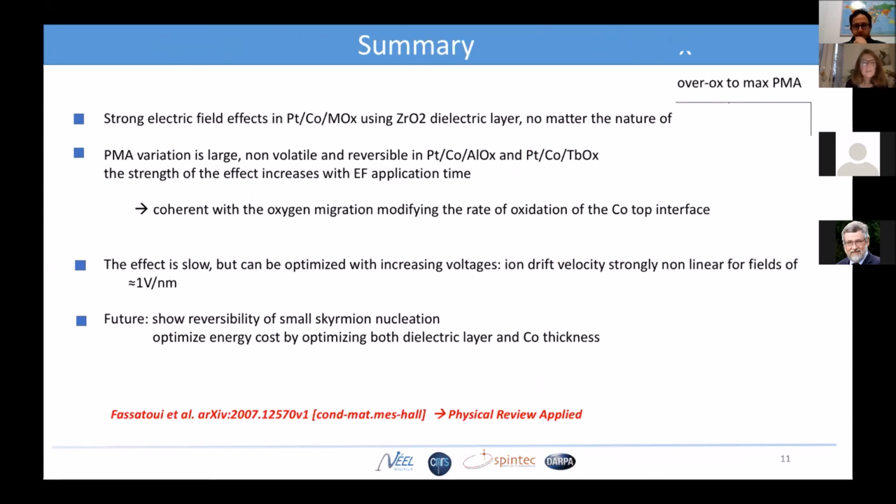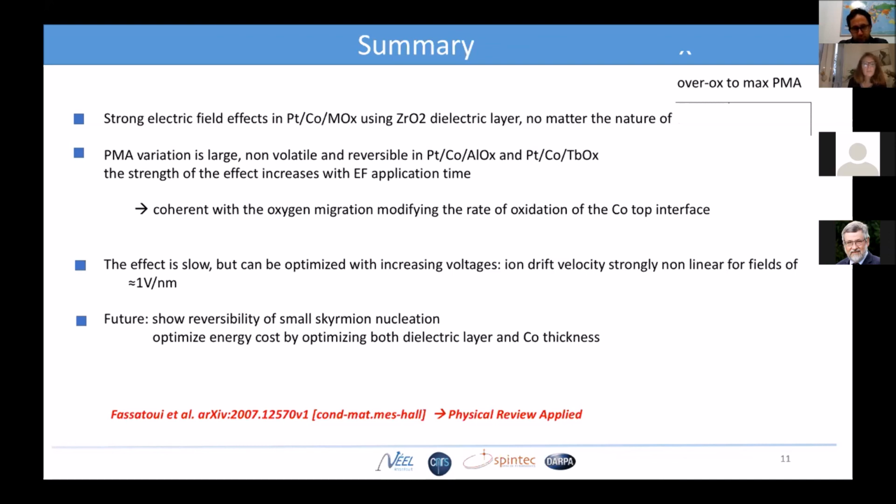We have seen that the effect is non-volatile and reversible, and we have shown that the strength of the effect depends on the application time of the electric field, and this is coherent with the oxygen migration modifying the rate of oxidation of the cobalt top interface. We have seen that the effect is slow, but it could be optimized by increasing the voltages and reaching the regime where the ion drift velocity is nonlinear.